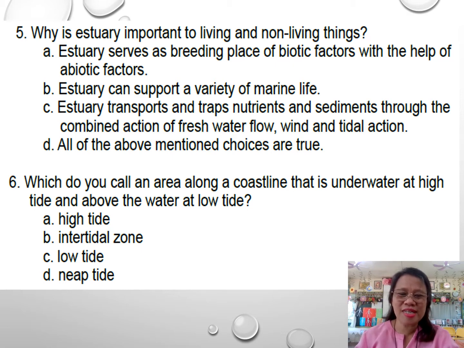Okay, number 6. Which do you call an area along a coastline that is underwater at high tide and above the water at low tide? Again, which do you call an area along a coastline that is underwater at high tide and above the water at low tide?